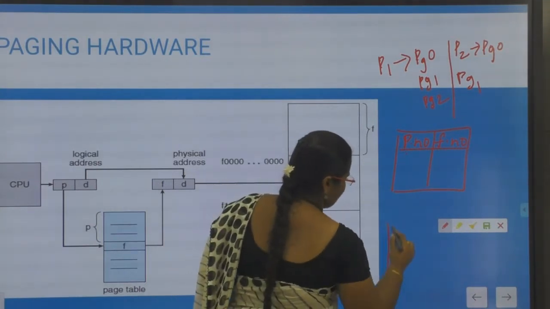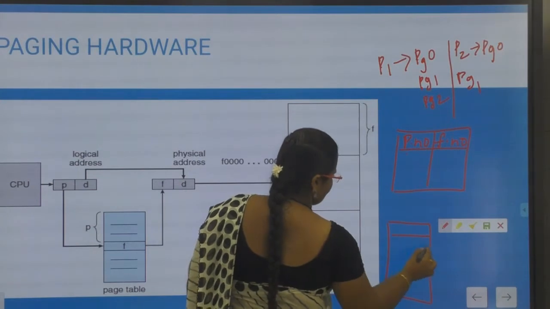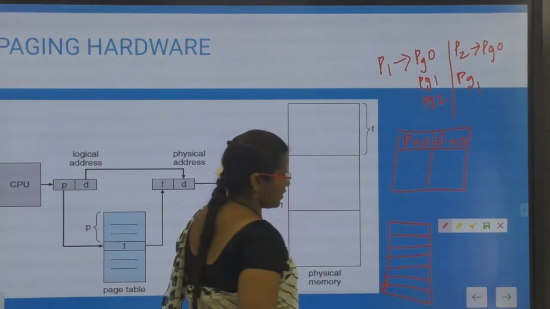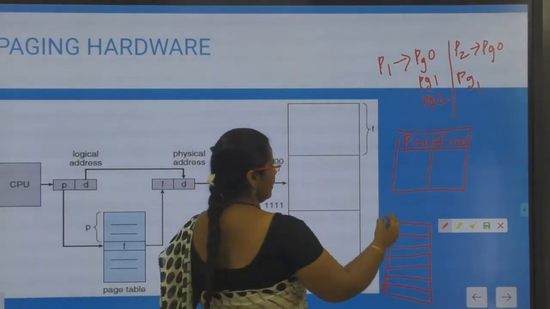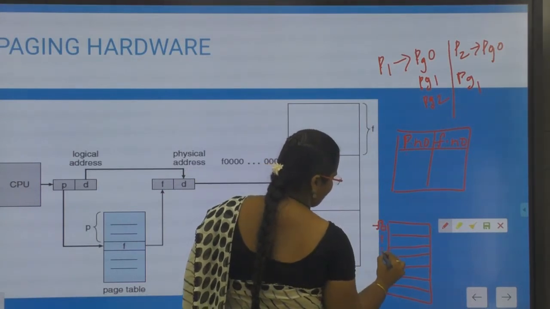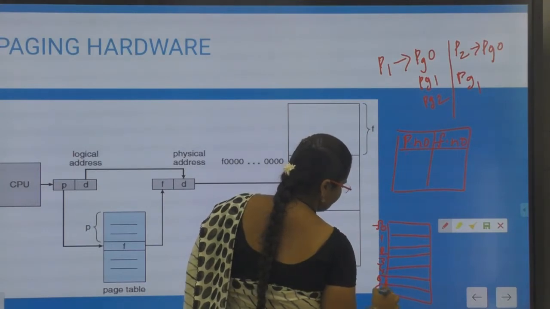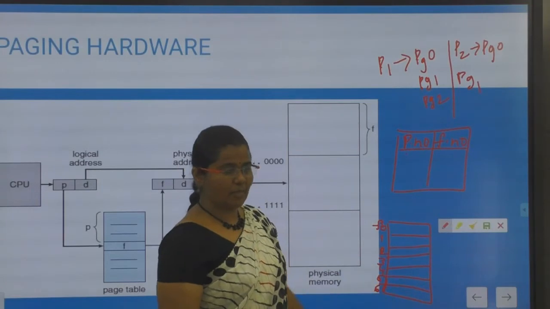This is my main memory. These are my set of frame partitions. I am numbering the frames here, frame 0, 1, 2, 3, 4, 5 and 6, so I have 7 frames in my main memory.